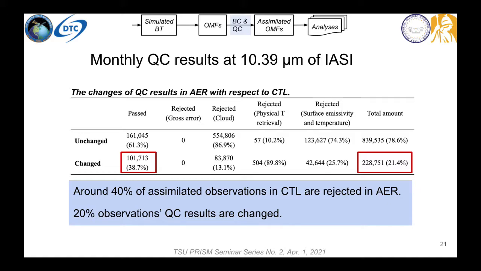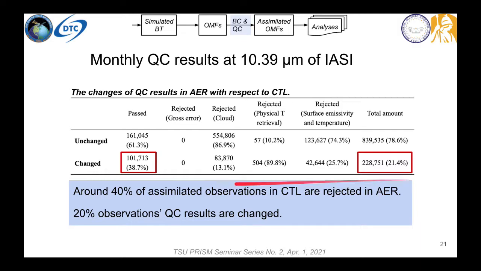Then here I provide the statistics: the mean monthly averages of first guess departures, and the root mean square first guess departure as a function of the wave number from the AER run in blue line and the control run in red line. Here is the example from the IASI MetOp-A sensor.